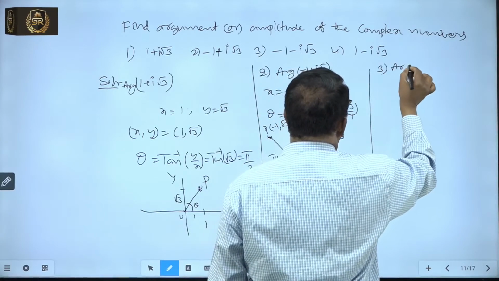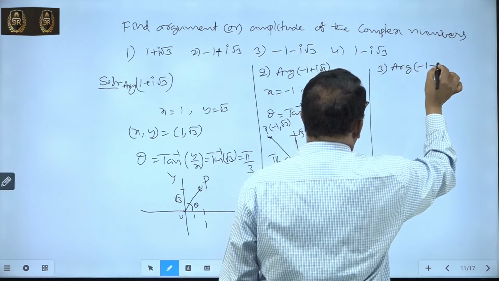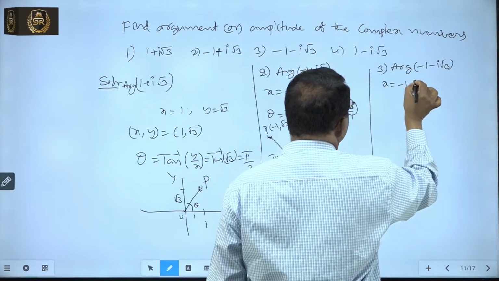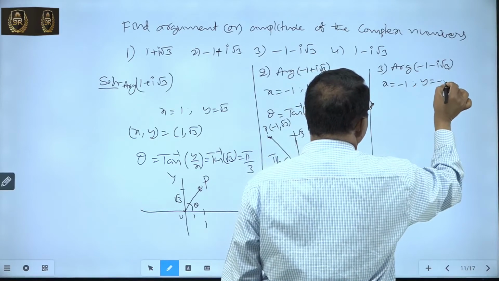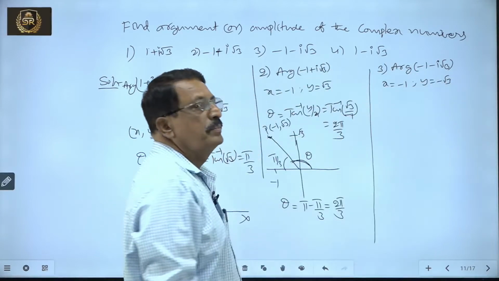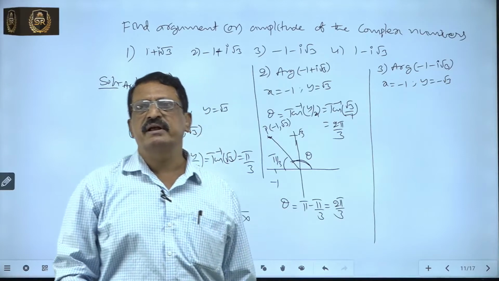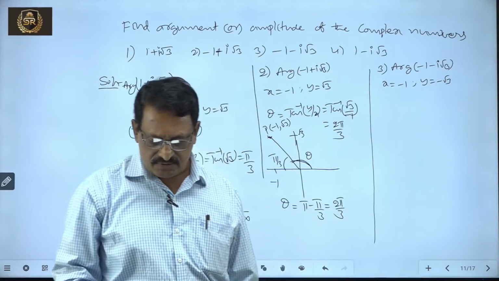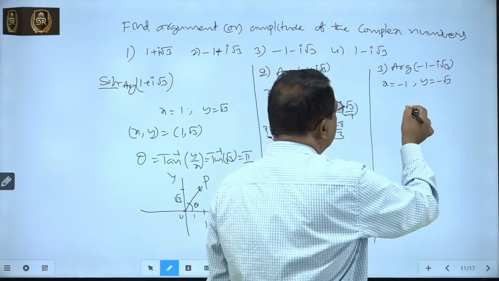Next, the third one, required argument of minus 1 minus i root 3. Now here x equals minus 1, y equals minus root 3. Both the x and y coordinates are negative. Now it lies in the third quadrant.